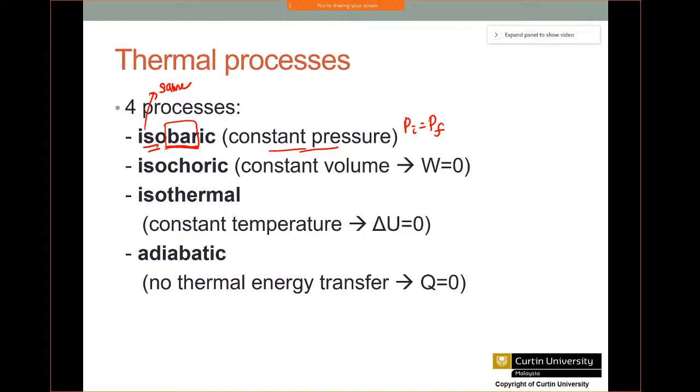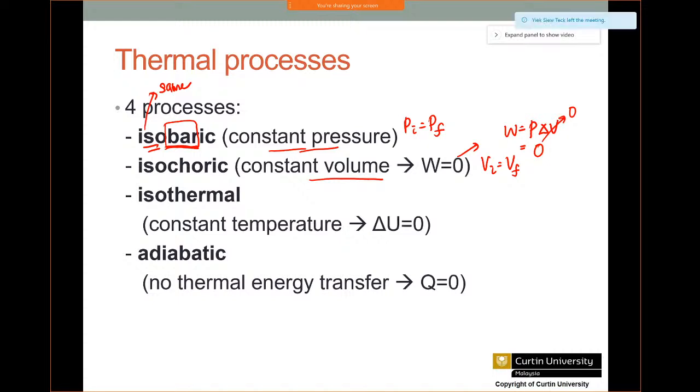Isochoric means constant volume. Initial volume equals final volume. If you still remember, work done equals pressure times the change in volume. So when change in volume equals 0, your work done also equals 0. So if it is an isochoric process, no matter how much the change in the pressure or temperature, there is no work done because there is no displacement.